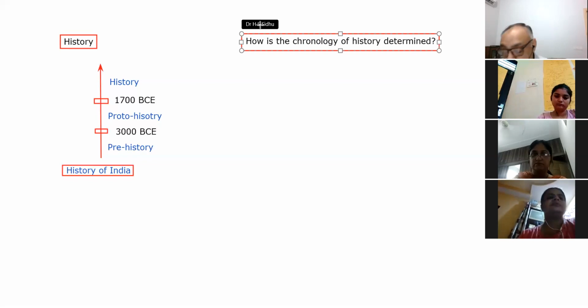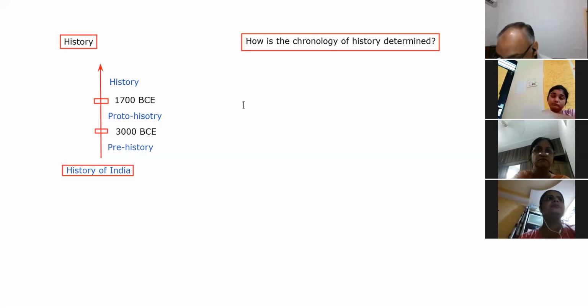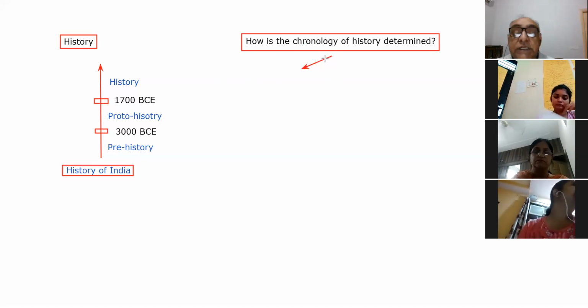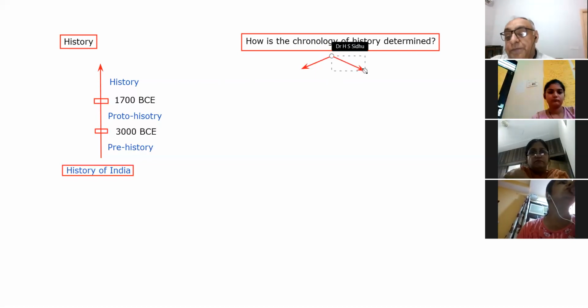This is a very important and very interesting question before us. This can be part of science and technology also. This is basically at the intersection of geology, archaeology, and anthropology, and this is a science, right?